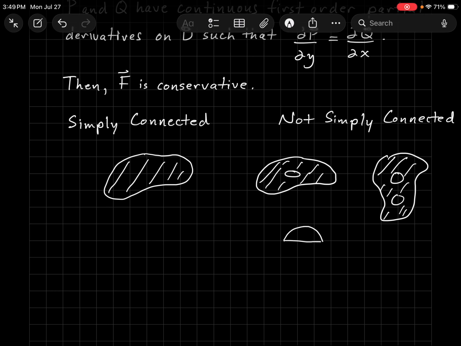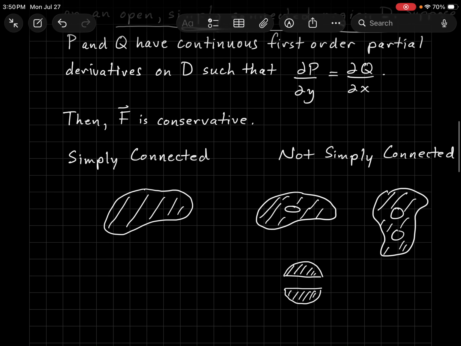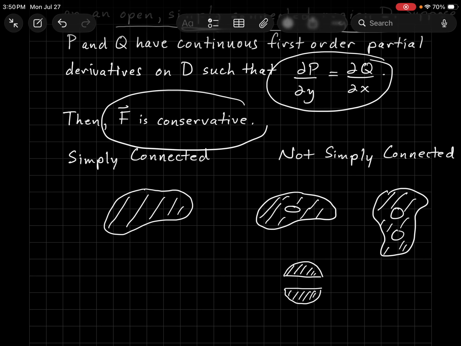Or if we have a region that looks like this, which is not even connected. But assuming we have the usual case, if we can show this is true, then we can show that our vector field is conservative, which means that it came from some function little f, like this.